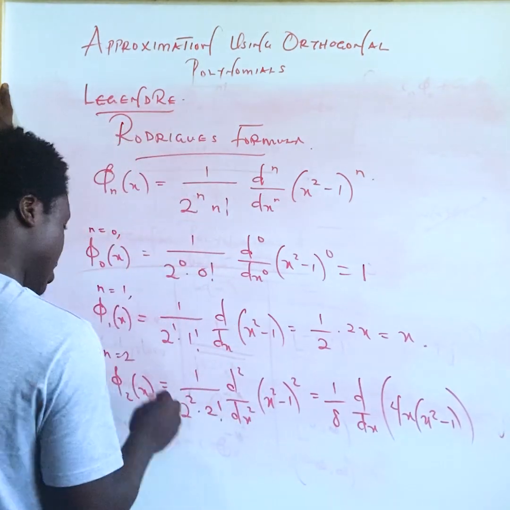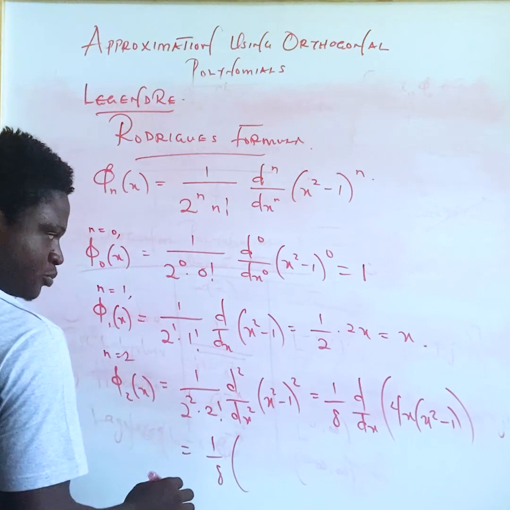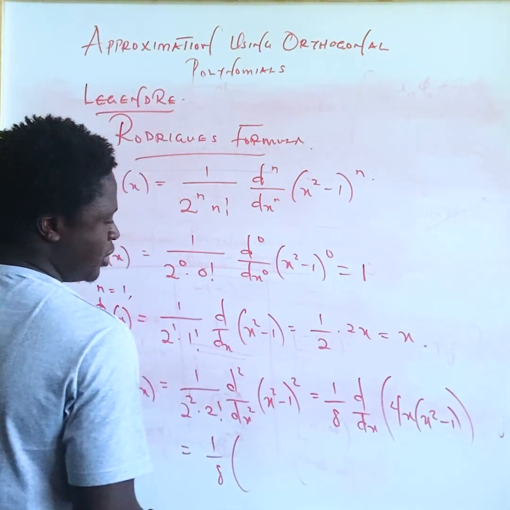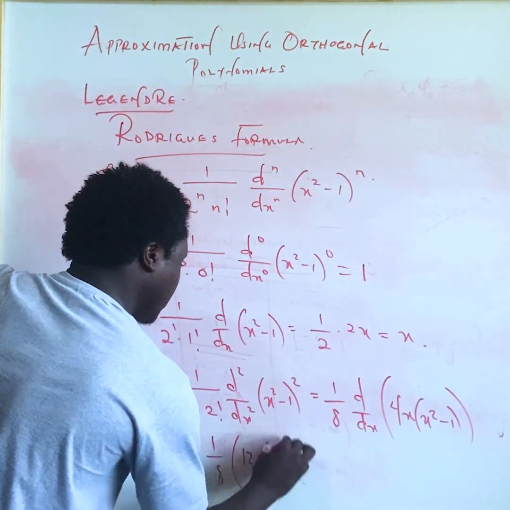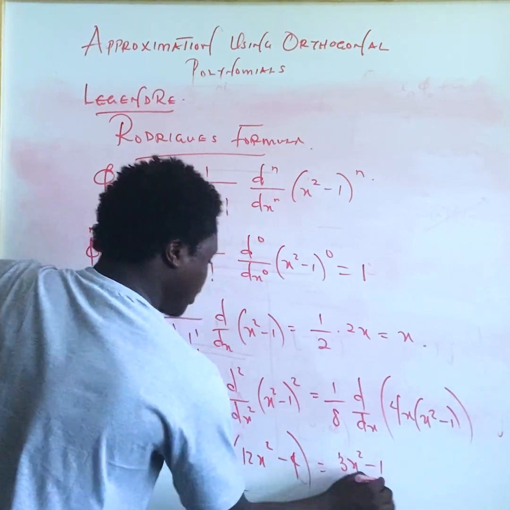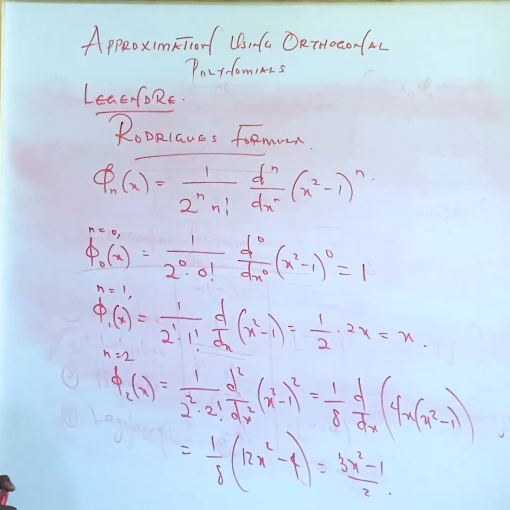And then finally, it is equal to 1 over 8 times, this is 4x cubed, that will be 12x squared, we have 12x squared minus 4. And then that is 3x squared minus 1 over 2. So we can get more of these results: phi naught, phi 1, phi 2, phi 3, and so on.